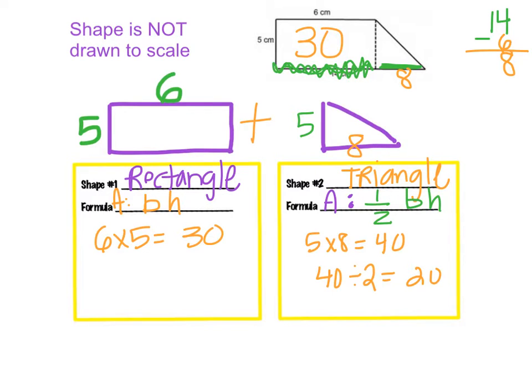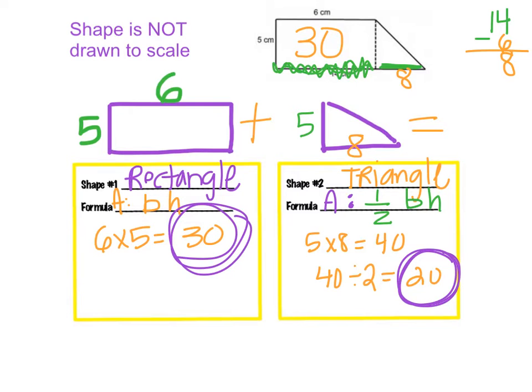So if I take the rectangle and I add it with the triangle, 30 plus 20 is 50. So I have 50, the units are centimeters, and I'm going to put the little 2 exponent for squared. 50 square centimeters would fill up the space.